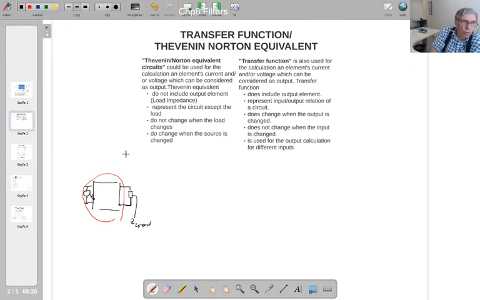The Thevenin equivalent of this circuit will be a Thevenin independent voltage source and Thevenin impedance ZTH. So that is the equivalent of this. These red ones are equivalent to each other.